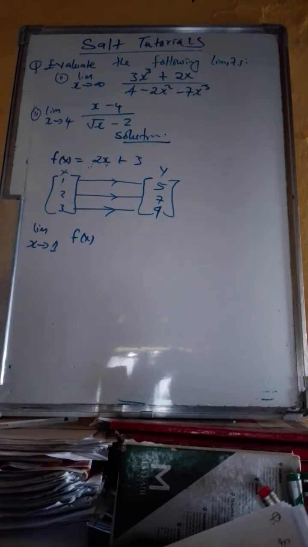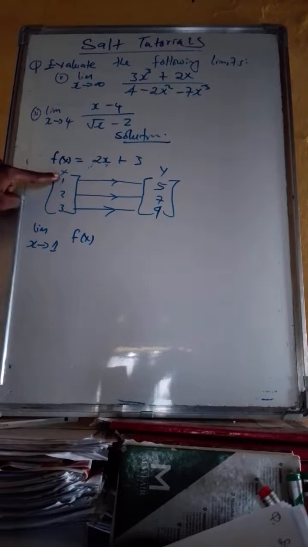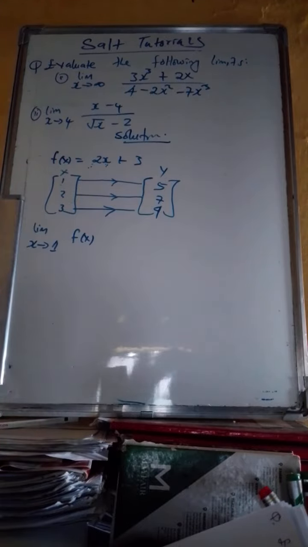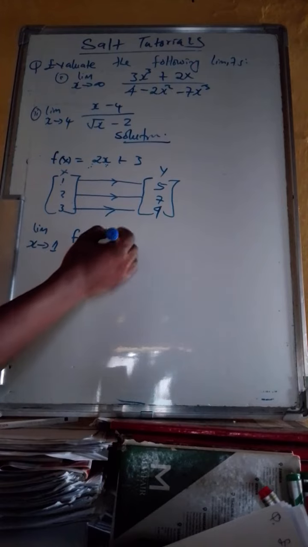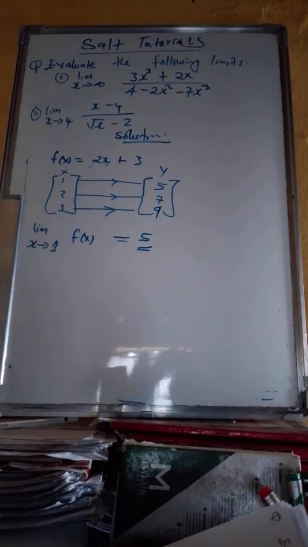If x is drawing nearer and nearer to 1, it means the whole function f of x will draw nearer and nearer to what? To 5. So 5 in this case is the limit.